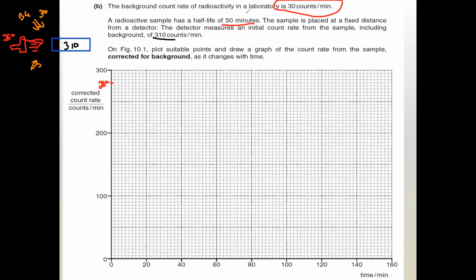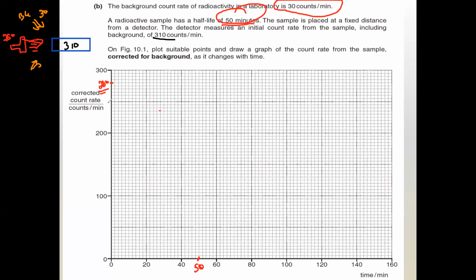What is the half-life? 50 minutes. It means after every 50 minutes, it becomes half of its original value. On the x-axis, 10 boxes equal 20, so each box equals 2. So 42, 44, 46, 48, and 50. After one half-life, after 50 minutes, it will become half.